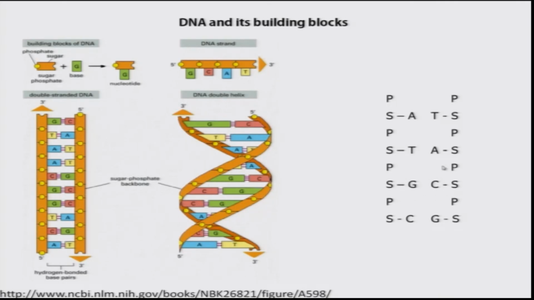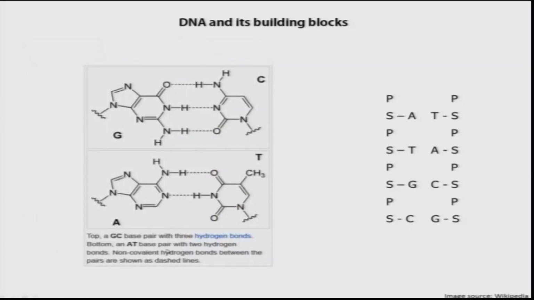Now, what you have at the outside is the phosphate backbone, right, and then you have the bases, and this is pretty much similar in other contexts as well, but let us look into the bases.